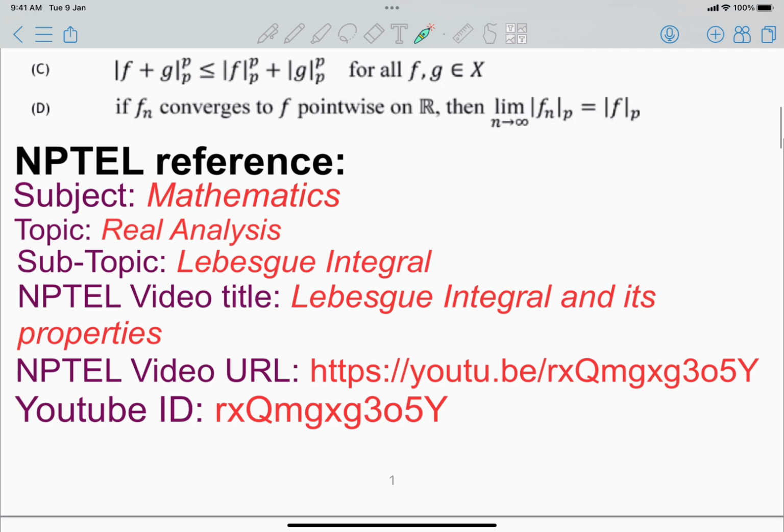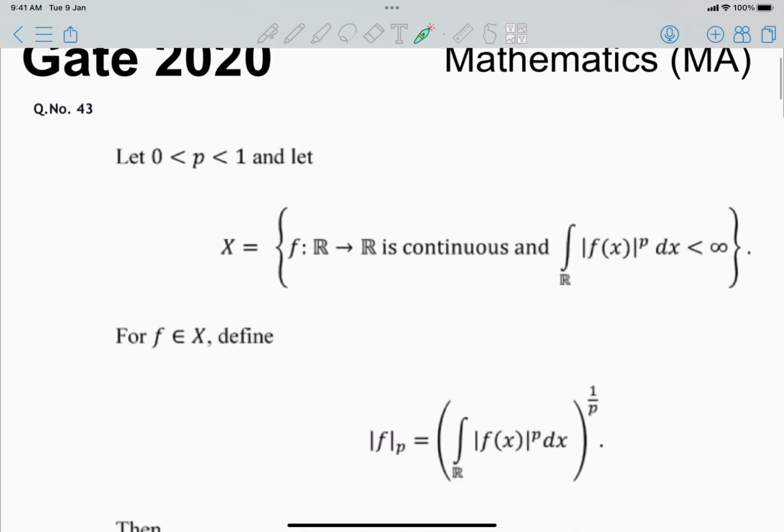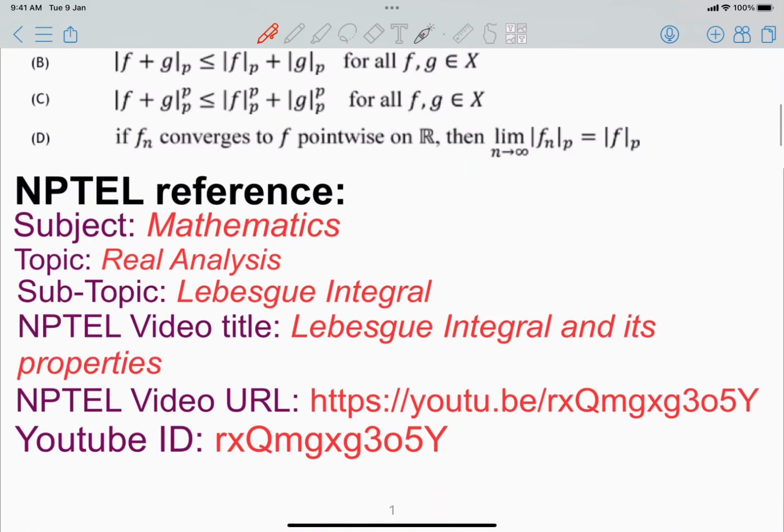Okay, so this is the NPTEL reference for this question that you can also check. So let's start solving this one. What is X?